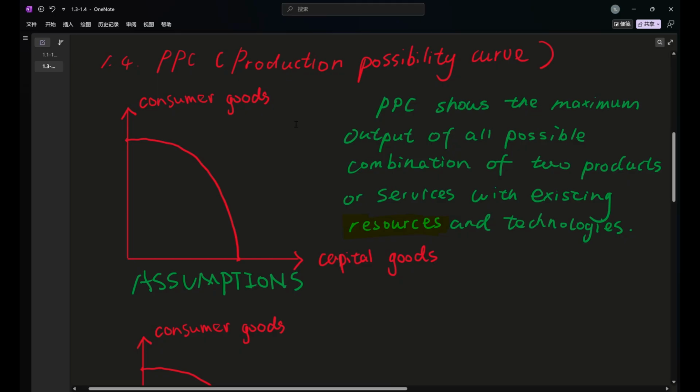That means you have a fixed amount of factors of production. You have fixed labor, you have fixed capital, you have fixed enterprise, and you have fixed land. But we all know that resources or factors of production are changing every day. Okay? The second thing is fixed technologies.